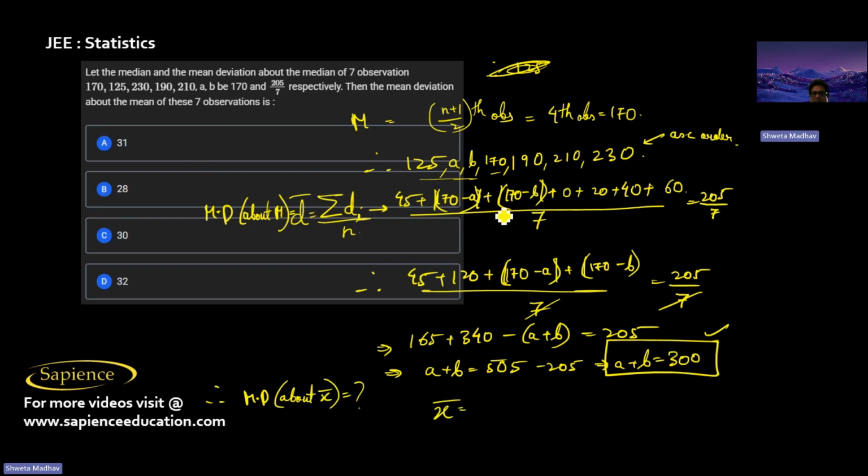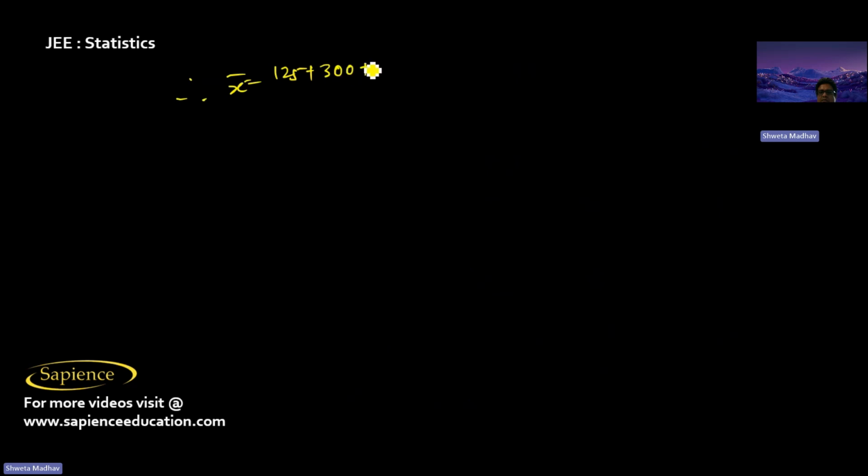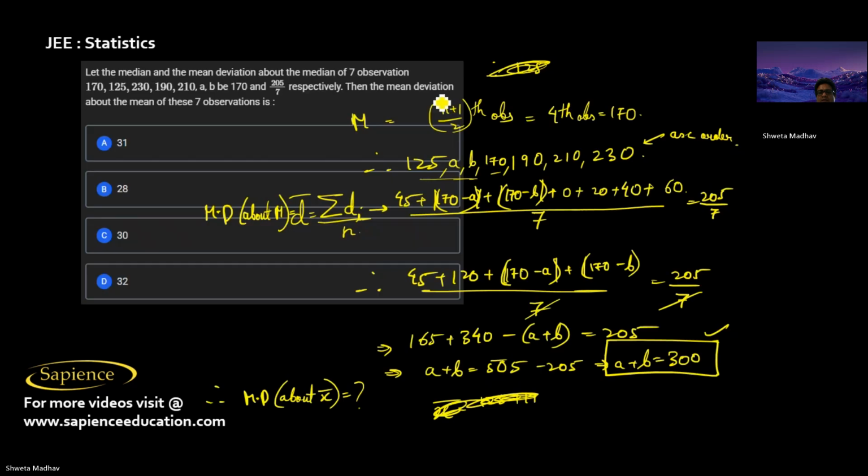So that will be the sum of all the terms. Therefore the mean will be 125 plus A plus B, that is 300, plus 170 plus 190 plus 210 plus 230, divided by 7.